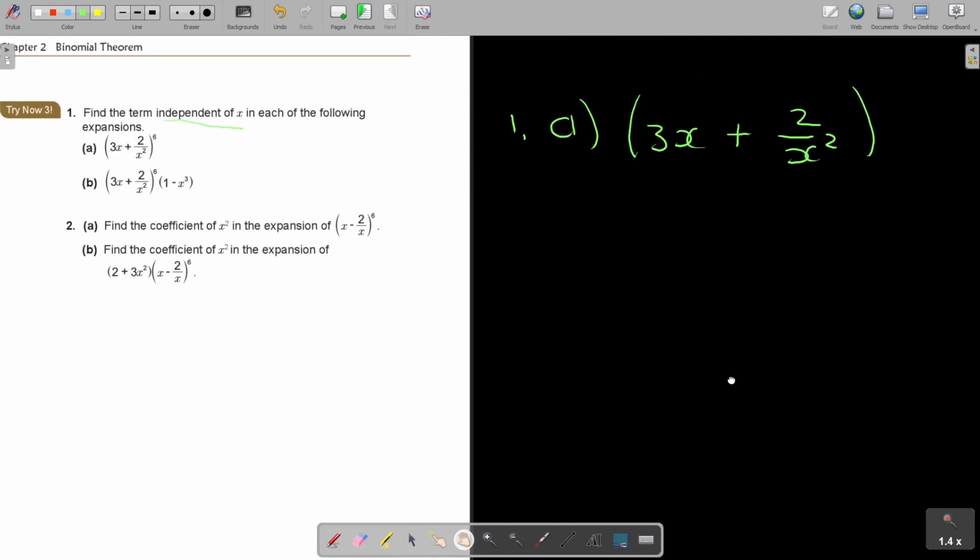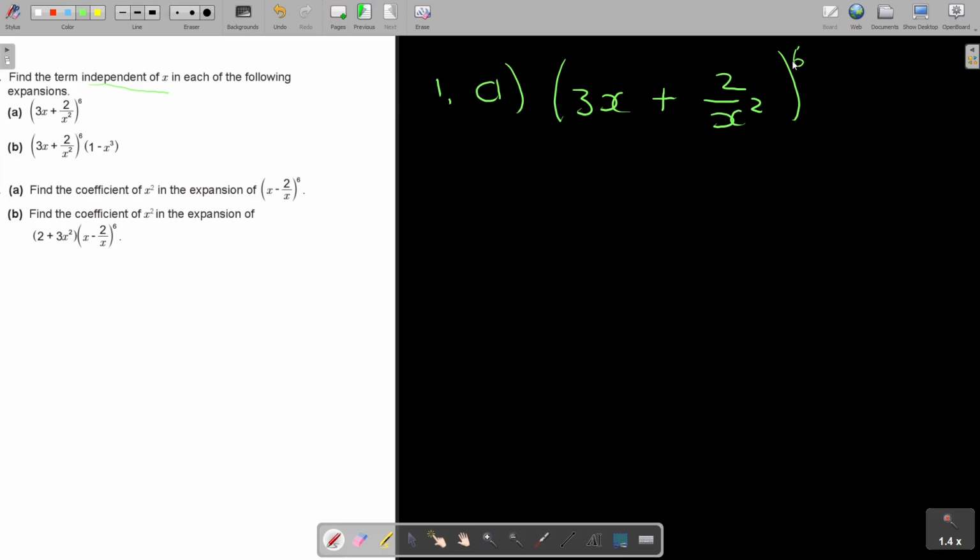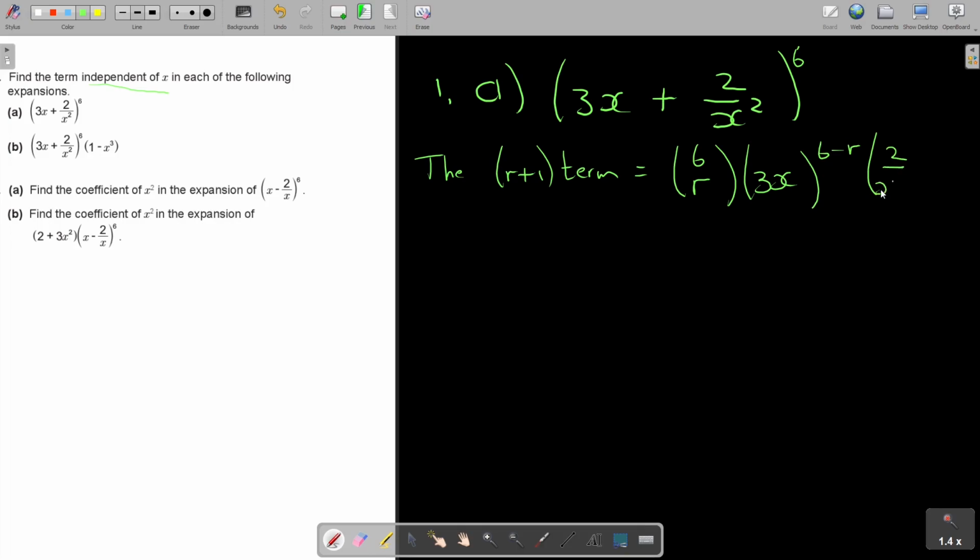Okay, so the r plus 1 term. Okay, then I'm going to say 6Cr, and then it's going to be 3x to the power of 6 minus r, and then 2 over x squared to the power r.